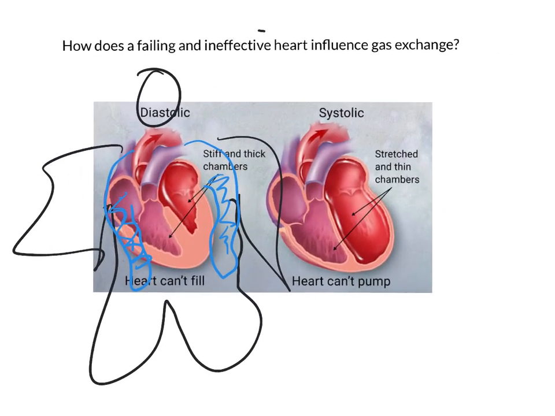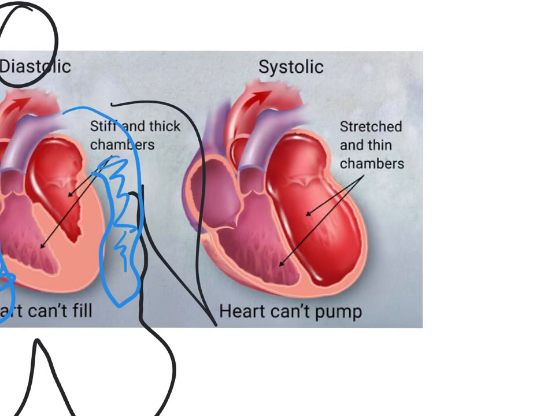All right. Versus systolic, we're really stretched out, thin, weak walls. They're going to have a hard time squeezing and pumping. Right? With this, you're going to tend to see backup, and we can have it backing up in the lungs.